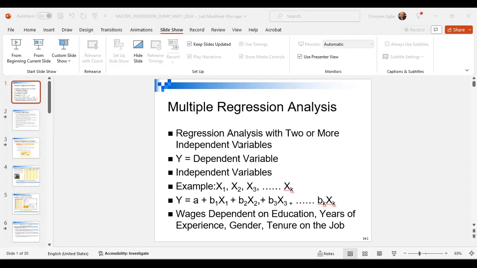Now, the value of y, the dependent variable, depends on two or more independent variables.